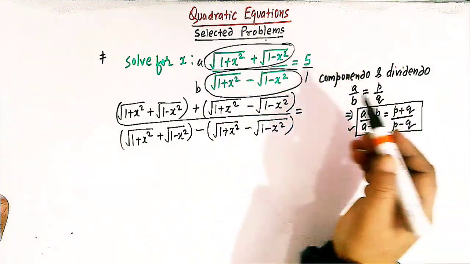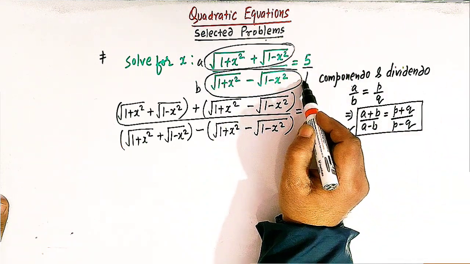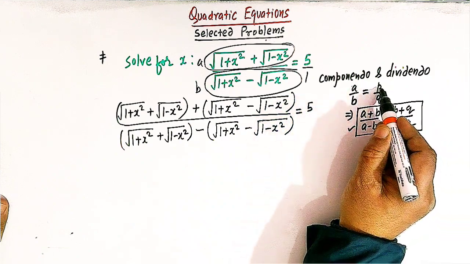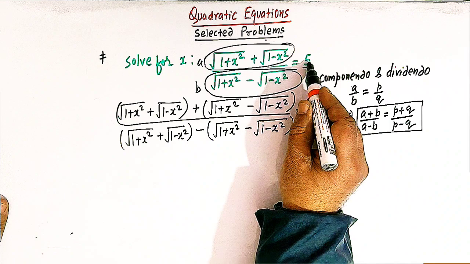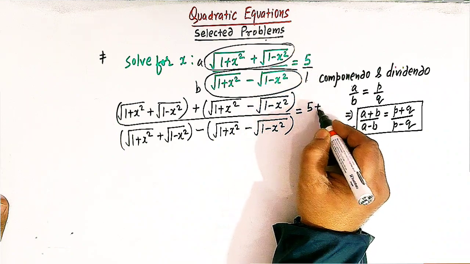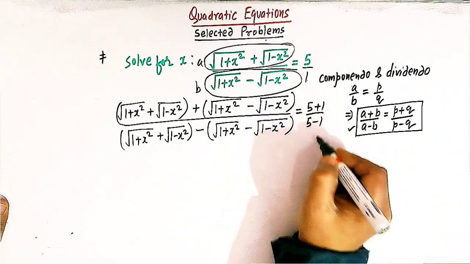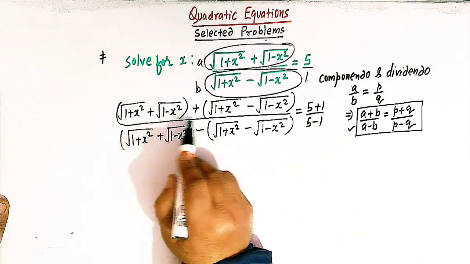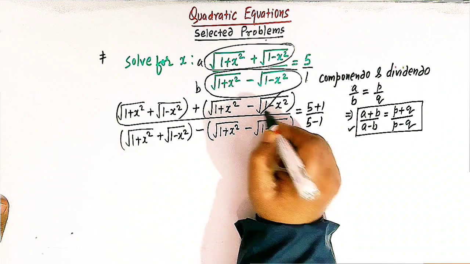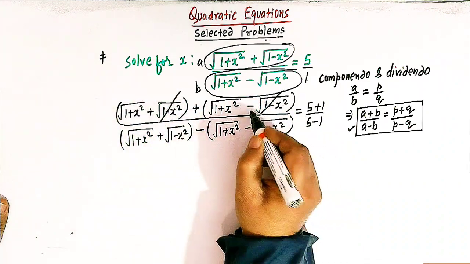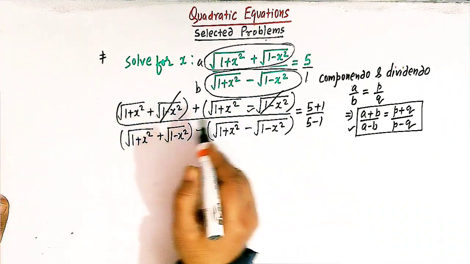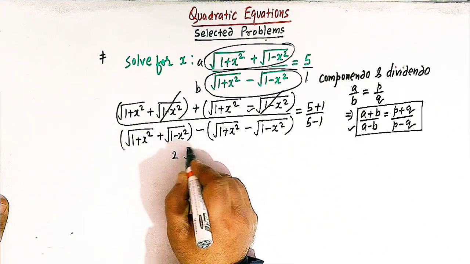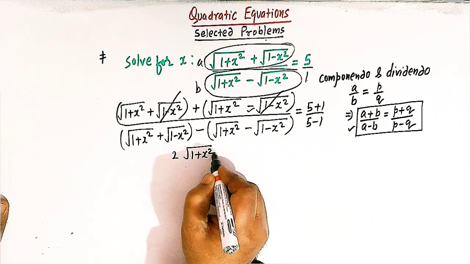And in the right hand side we have 5 over 1, so we can write P plus Q, that is the sum of P and Q. Here we have 5 plus 1, and here we have 5 minus 1, right? Now see, in the numerator, these two terms get cancelled because one is negative and one is positive, and these two get added. So we have 2 times square root of 1 plus x square.